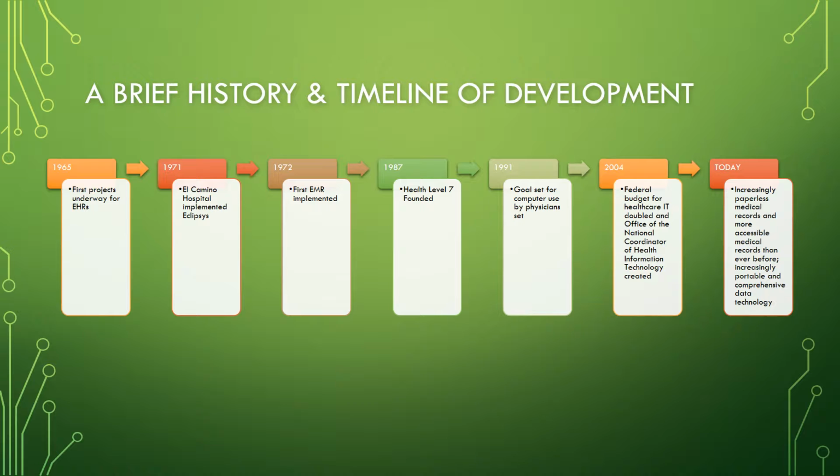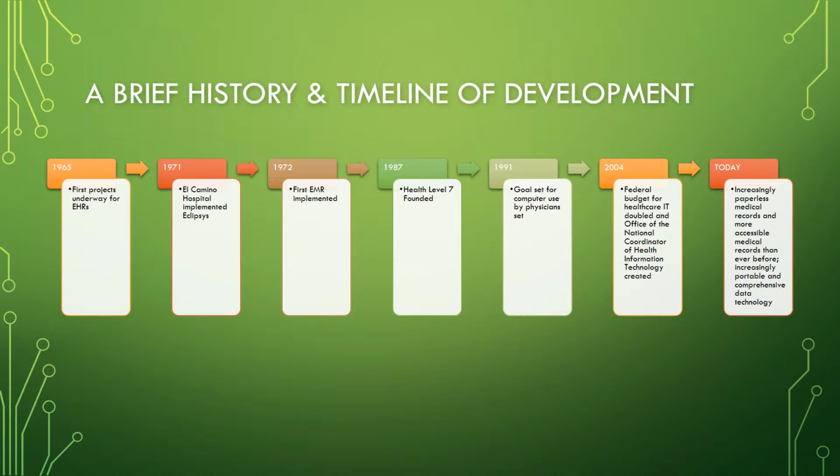In 1987, Health Level 7 was founded in order to address standardization issues as electronic health record development pushed forward. Health Level 7 has members in 55 countries today. By the 1990s, technology and computers were used in most healthcare offices.